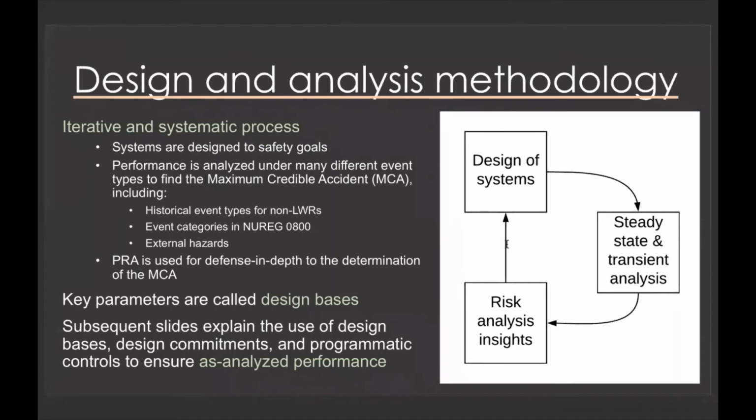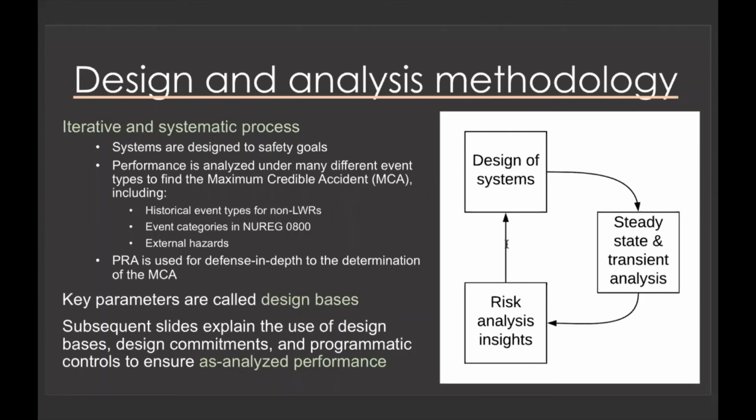So here's a little flowchart of our design and analysis methodology. Of course, it's iterative. You do design, you do analysis, you find the risk insights and hone the design, and so on. Systems were initially designed to safety goals, and we keep iterating on those safety goals as well as performance goals. The performance is analyzed under many different event types to find the maximum credible accident.